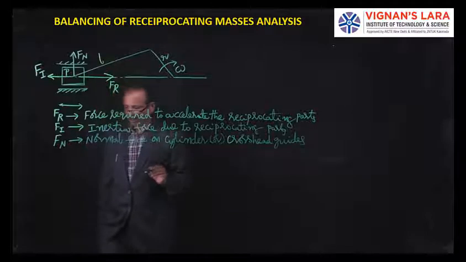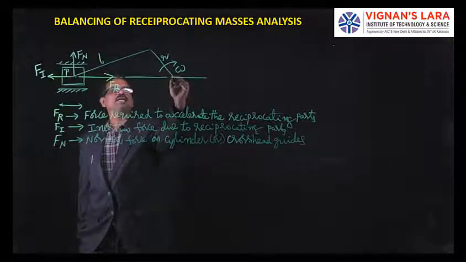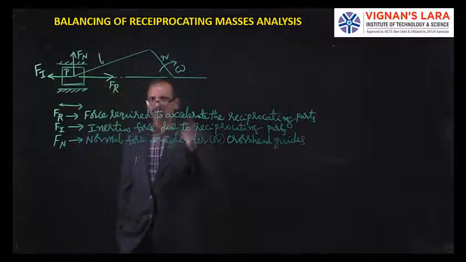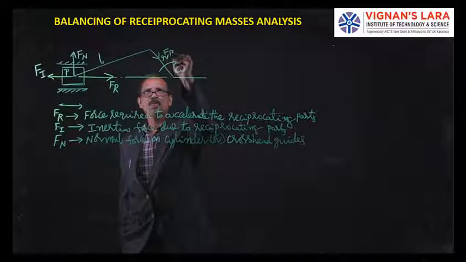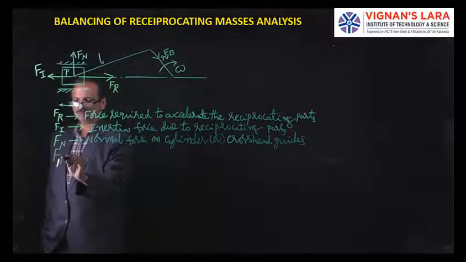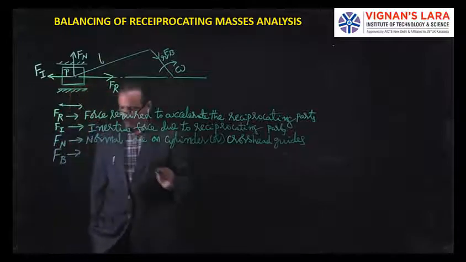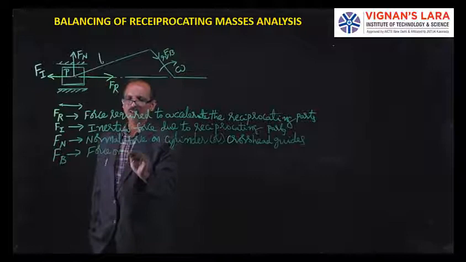Then the crank is here, and there will be a force acting on this crank, which is Fb. Fb is the force on the crankshaft bearing.